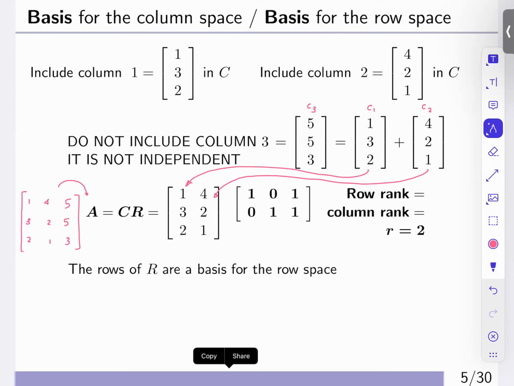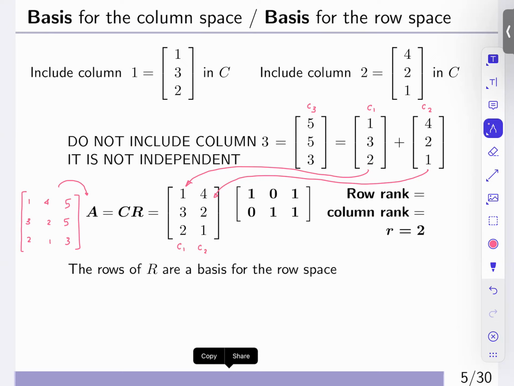To perform this decomposition, first I try to find out the independent columns. Can you see that my first column 1, 3, 2 is independent, and 4, 2, 1 is independent. So I'm going to place those columns C1 and C2 over here.